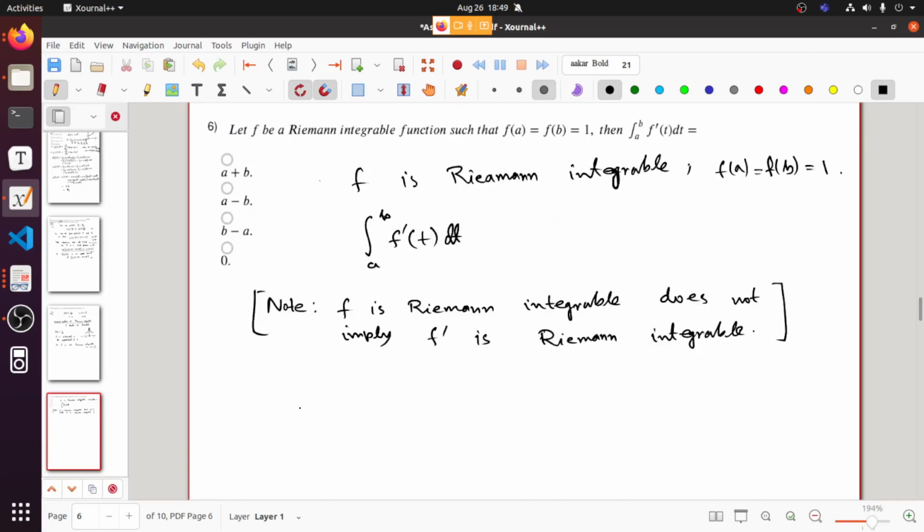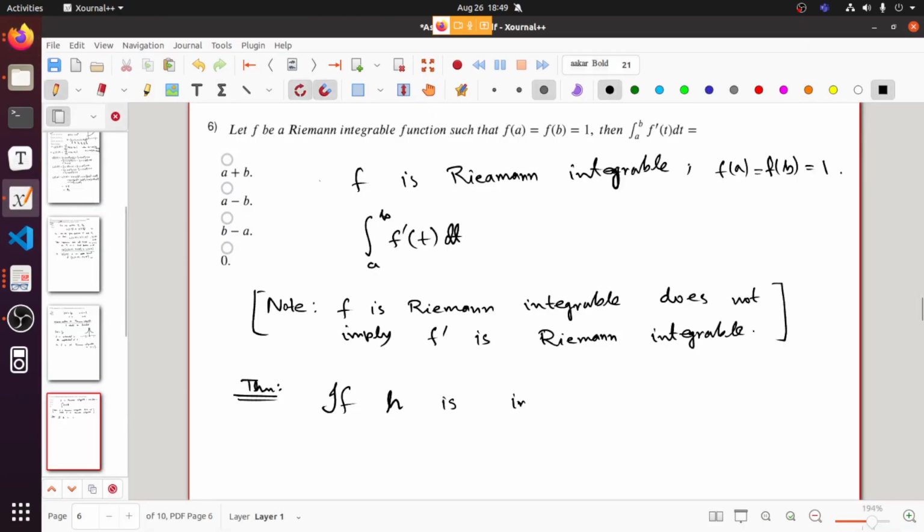There is one theorem that was done in the class. If f is integrable, suppose I denote it by h, then it will be easier for you.